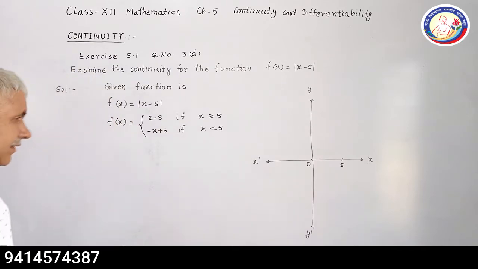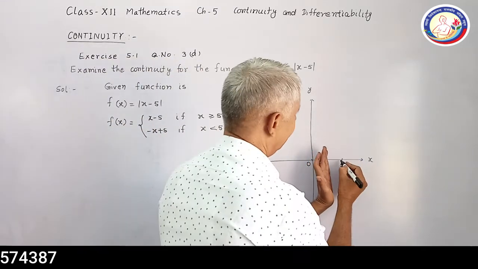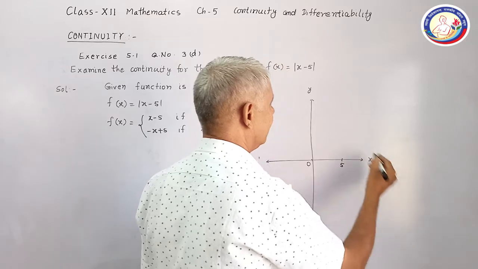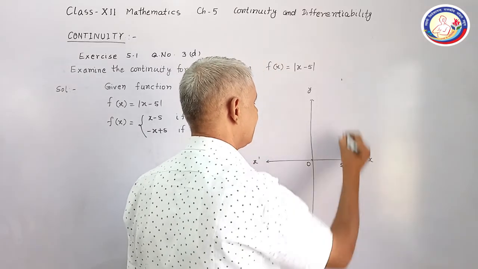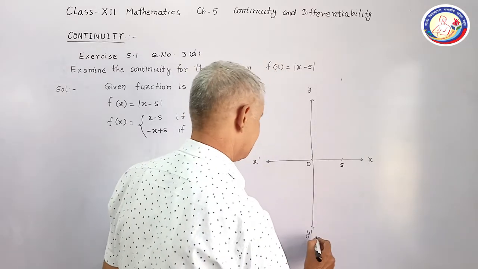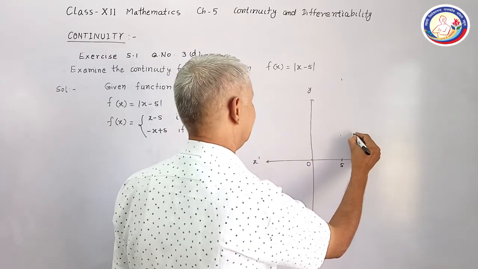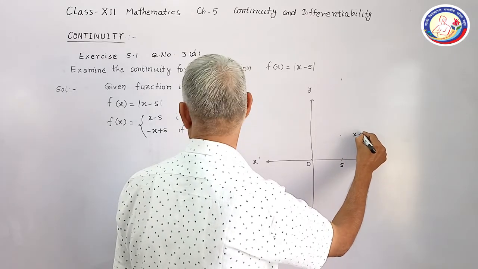Now, for 5 and more than 5, from here to here, the function will be x minus 5.